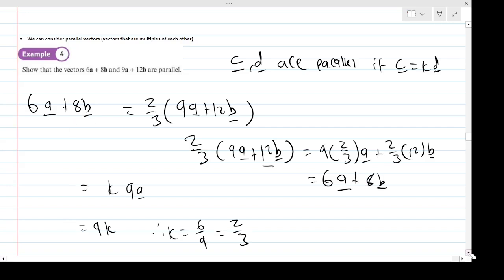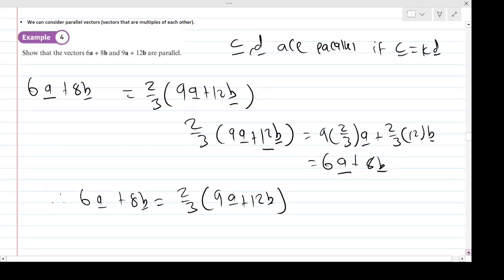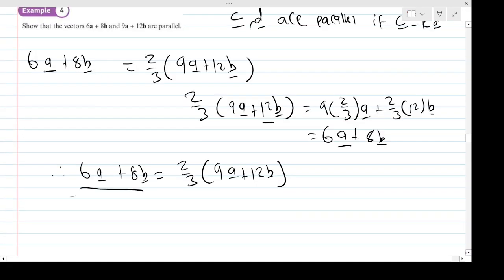So therefore, what we can say is that the vector 6a + 8b is going to be 2/3 of the vector 9a + 12b. Well then, hang on, they have to be parallel because they're a multiple of each other.